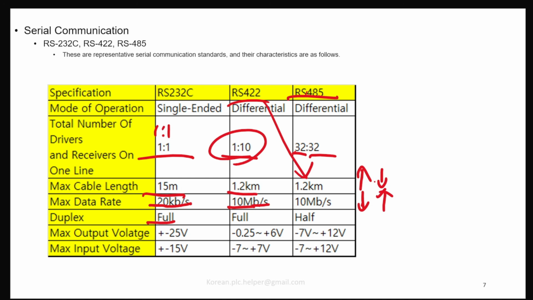Conversely, lowering the communication speed makes longer distance communication possible. And I will explain duplex communication in more detail shortly.